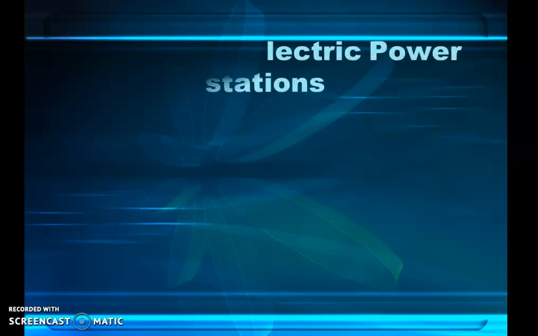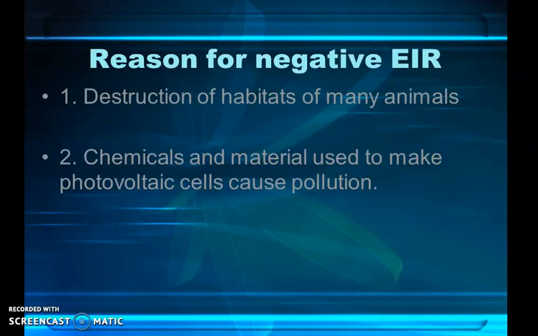But if we talk about their negative EIR, here are the reasons. To establish a place for solar panels, to set up a solar house, habitats are destroyed. A lot of land is required to establish a solar power station, so definitely it will destroy the habitats of many animals.